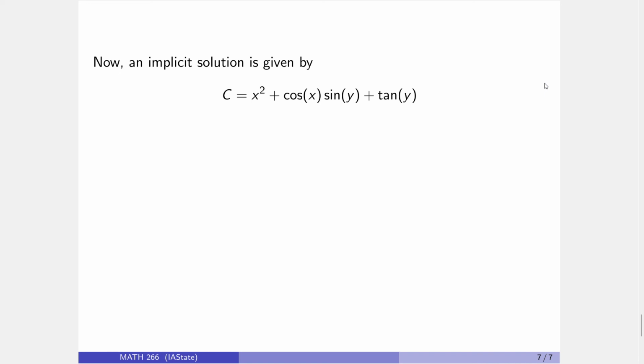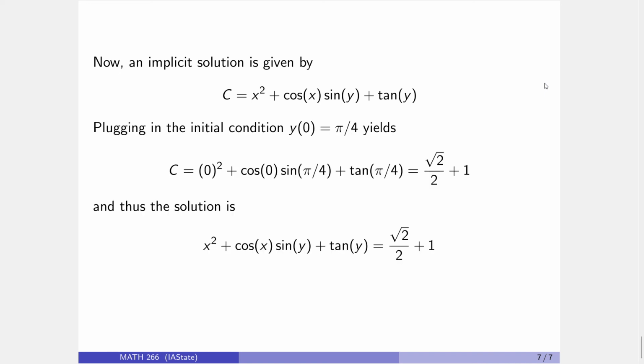Alright, so an implicit solution is given now by setting that equal to c. Now remember your initial condition is y of 0 is equal to pi over 4. Plugging that in, note this is my x, that is my y, so be careful, especially with exact equations and initial conditions, that you plug everything in the right spot.